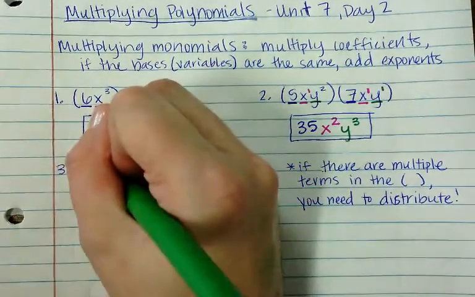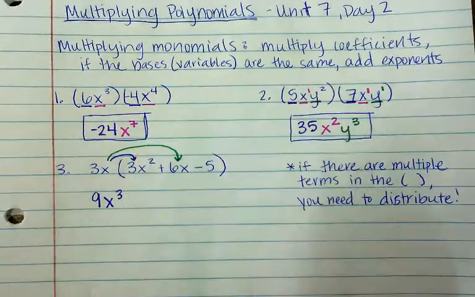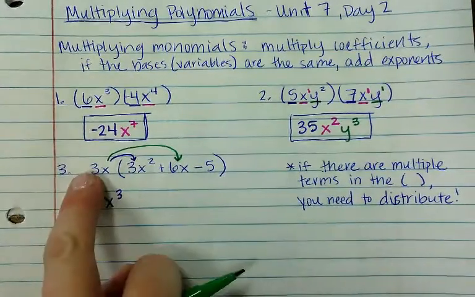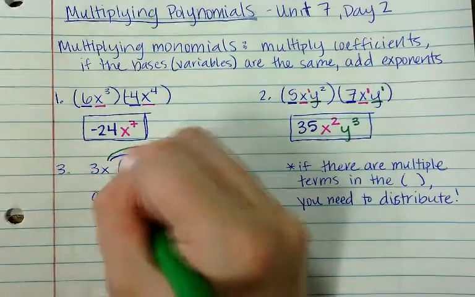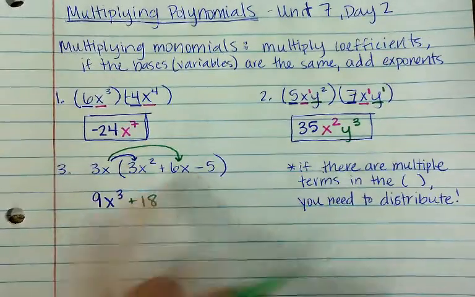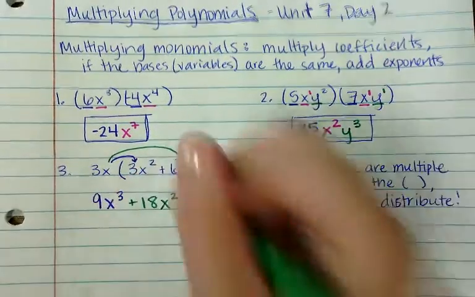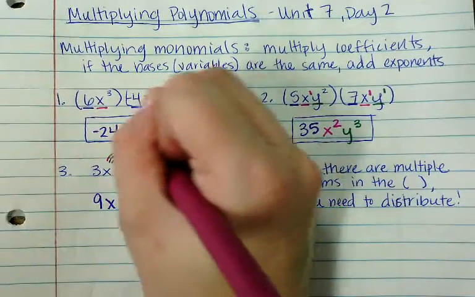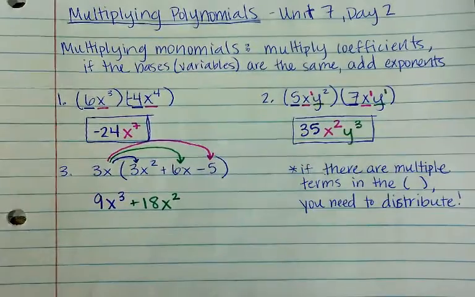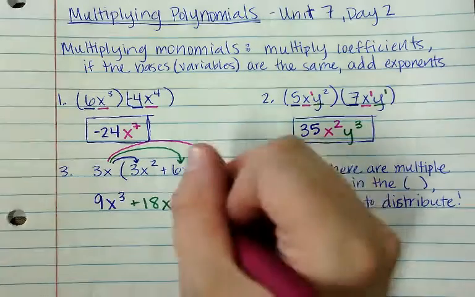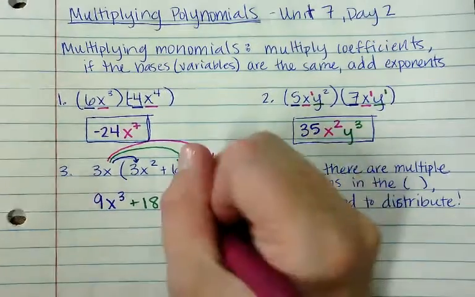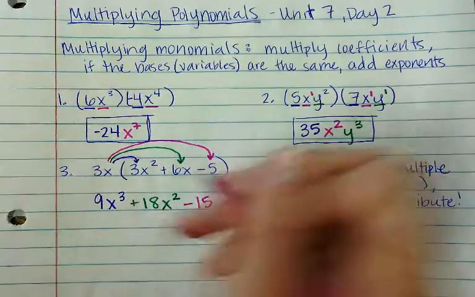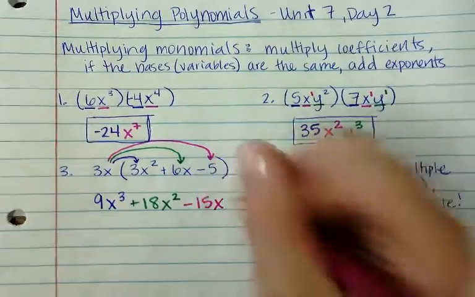And then if we do 3x times 6x, well, 3 times 6 is going to be 18. X times x is going to be x squared. And last but certainly not least, 3x times negative 5, 3 times negative 5 is negative 15, and then we just still have our x.